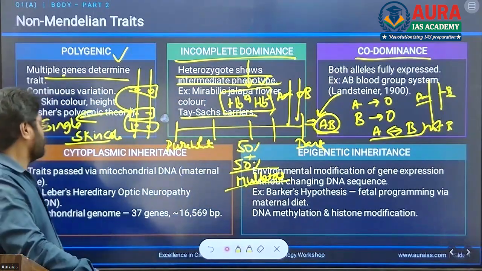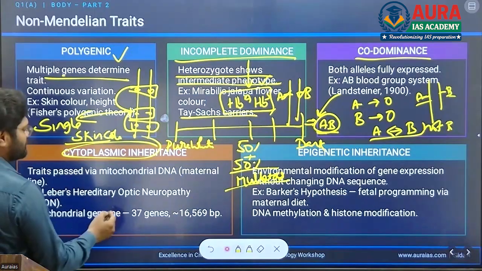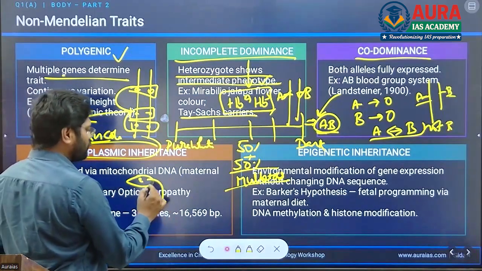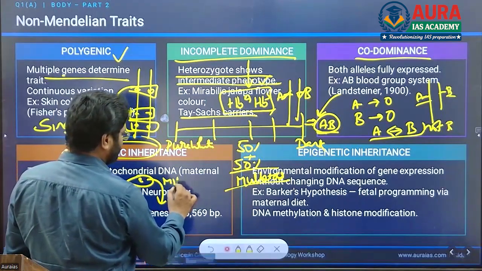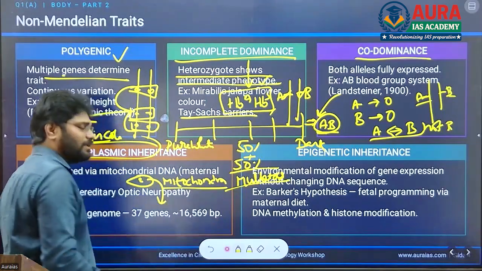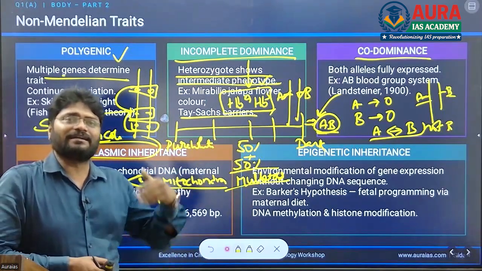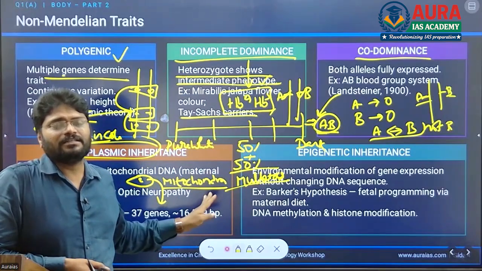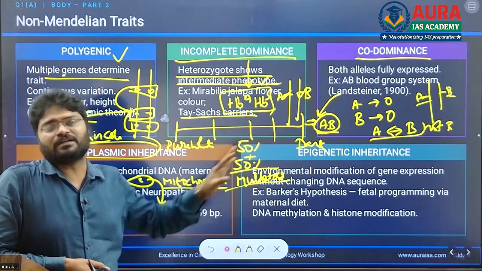That you should remember. So cytoplasmic inheritance means the DNA present in the mitochondria. Mitochondria are generally contributed by the mother. So all the genes present in the mother's mitochondria are directly inherited by both sons and daughters. Here there are no genes coming from the father.